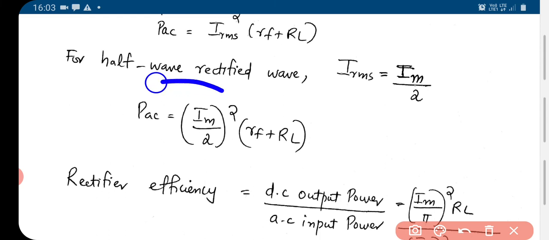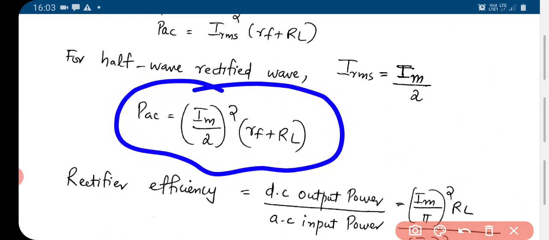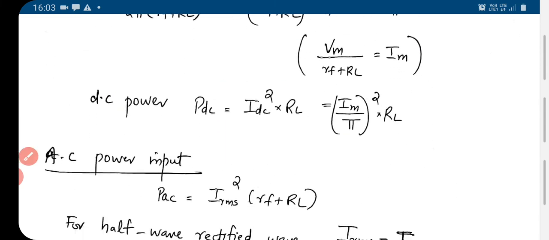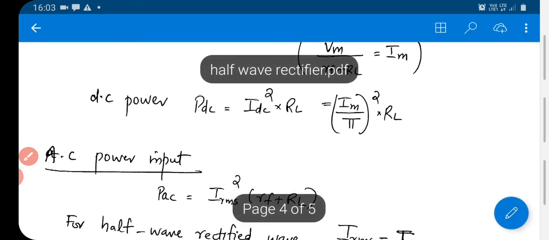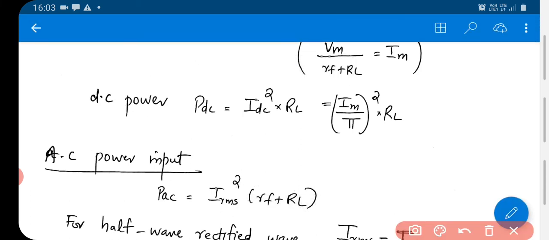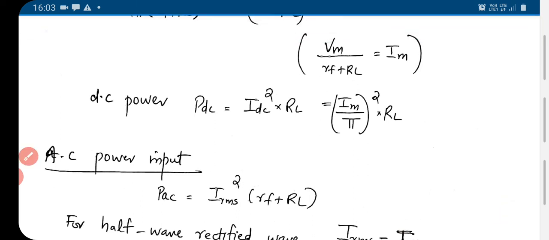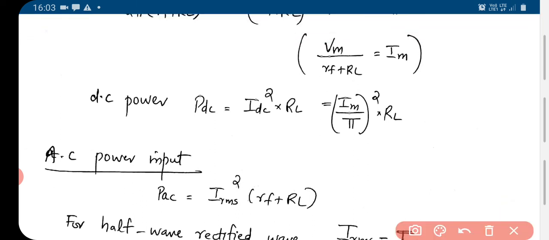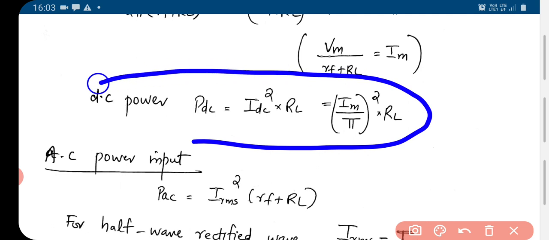So we have the AC power input, and in the previous section we calculated the DC power output, because what we require from the rectifier is DC.